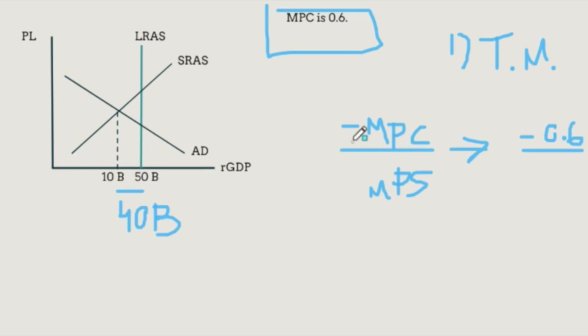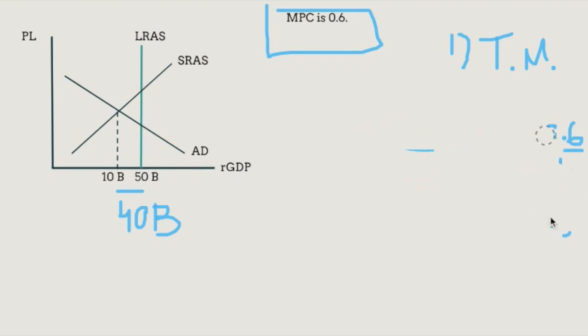And we know that we can calculate the MPS by doing 1 minus MPC. 1 minus 0.6 is going to give us 0.4. Negative 0.6 divided by 0.4 is going to be negative 1.5. So we know that our tax multiplier is negative 1.5.